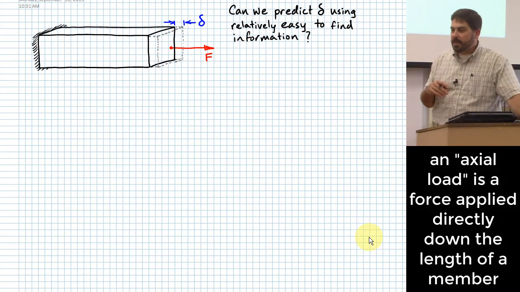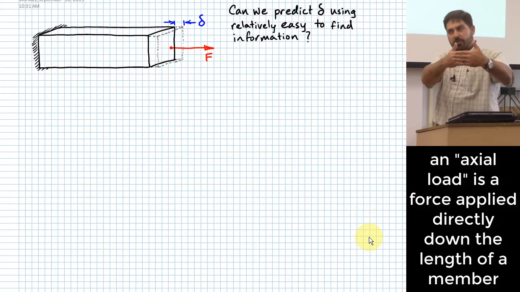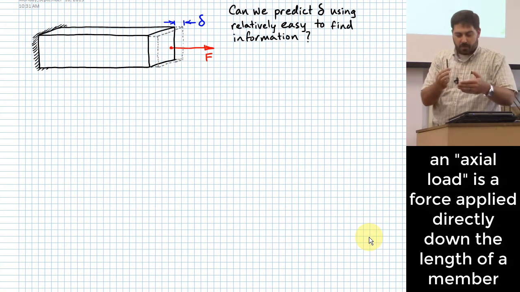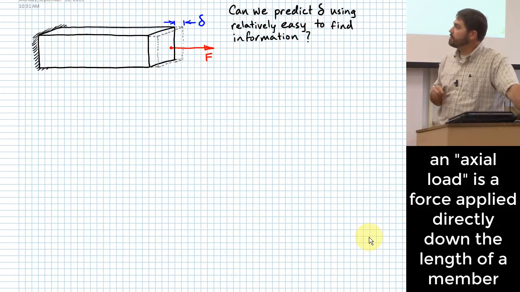It doesn't have to be, but it's basically just a force that is applied along the length, in the same direction as the length that you're trying to determine how far it changes, right? So you're saying apply a force in the same direction as the original length, and we're going to try to figure out how far it changes.